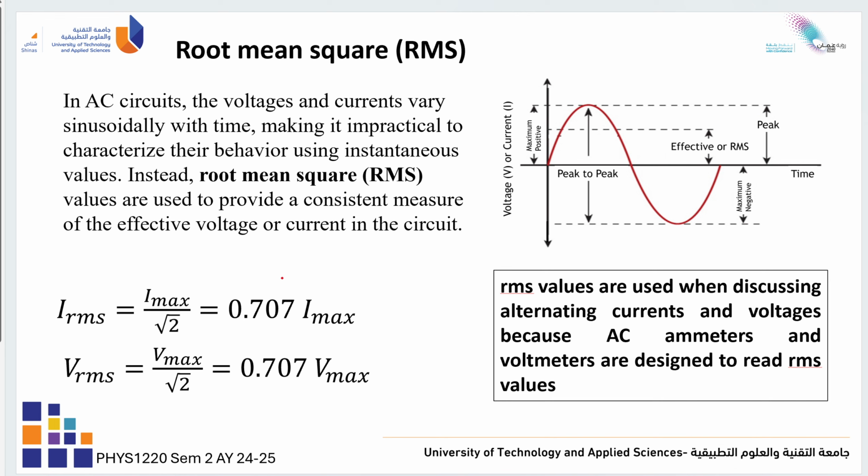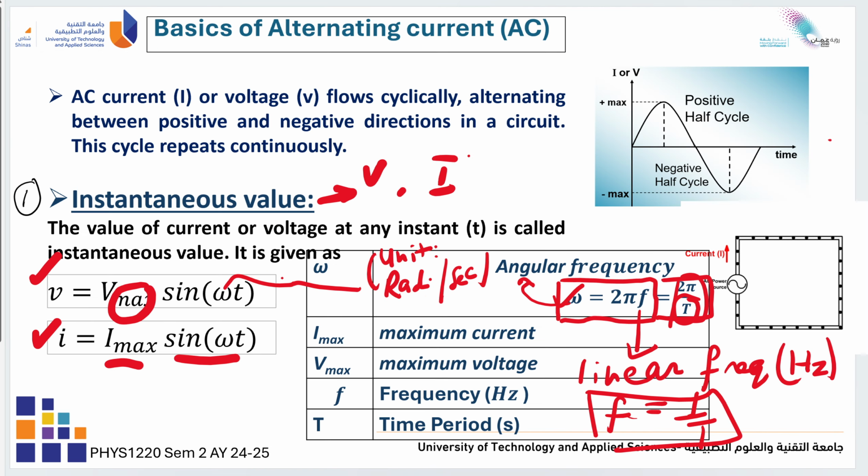As I told you, there are three types of current and voltage in this chapter. The first type is the instantaneous values.